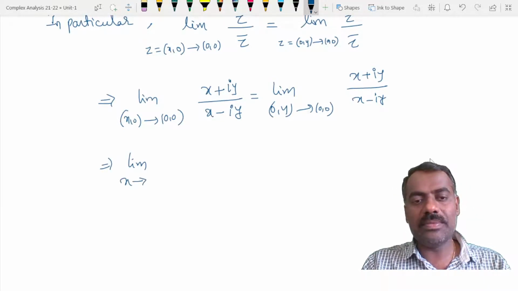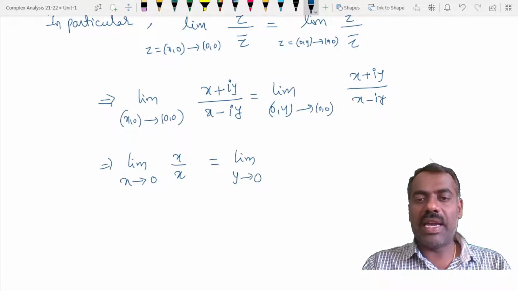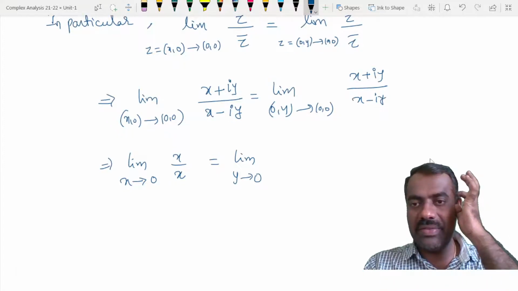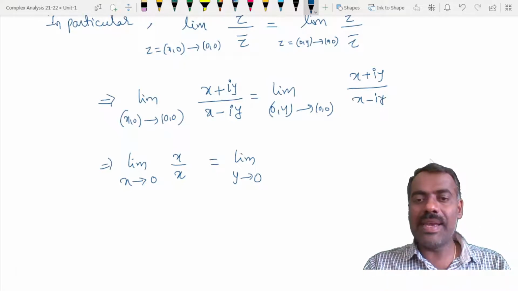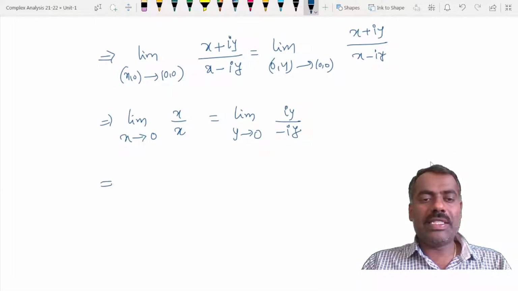Is this clear? Yes or no? And y is 0, so this is the same as x upon x. Similarly, this is y tending to 0, and x is 0 here, and this is i times y upon minus i times y.